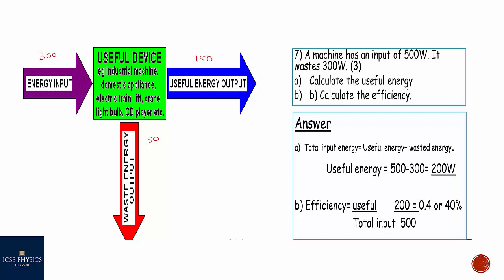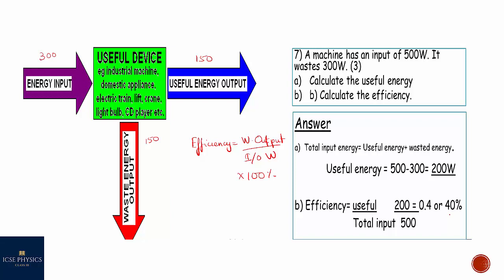Now what will be the efficiency? Efficiency is a formula that you need to know. Efficiency is equal to useful work output by work input into 100%. So here it's useful energy, that is 200, by total input into 100.